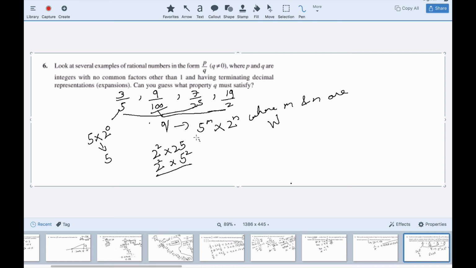So it gives me the same form. 25 can also be written as 5 square into 2 raised to power 0, which is again the same form. So no matter whichever example you look at, if it has a terminating decimal expansion, it must satisfy this rule, that it must be of the form 5 raised to power m into 2 raised to power n.